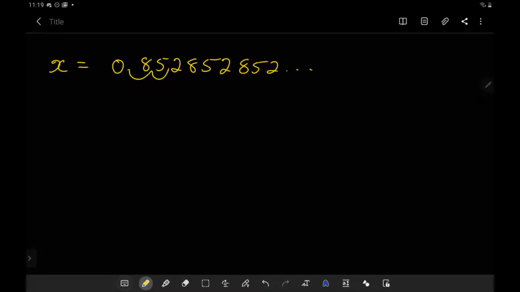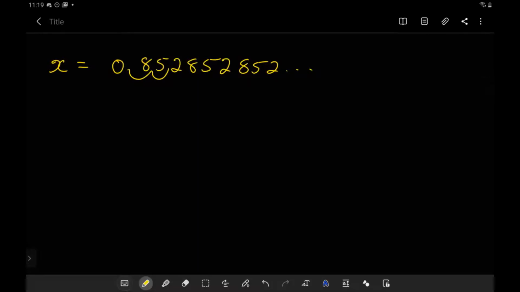Let's check this one as the next example: 0.852852852 and so on. How do I get the fraction for this? Well, we could go on the same way, but if I say let this equal x, and I multiply by 100, I get 85.2852, and so on.